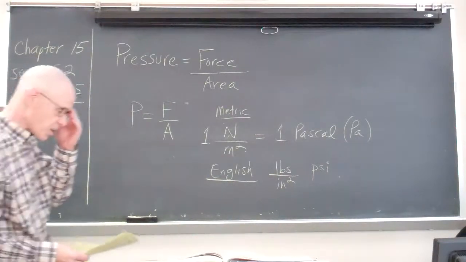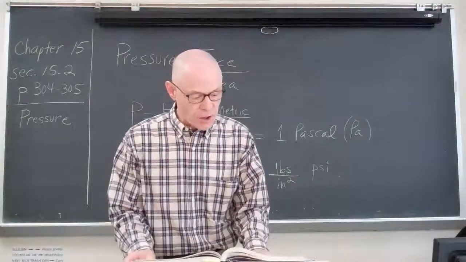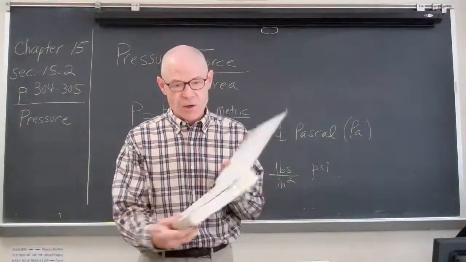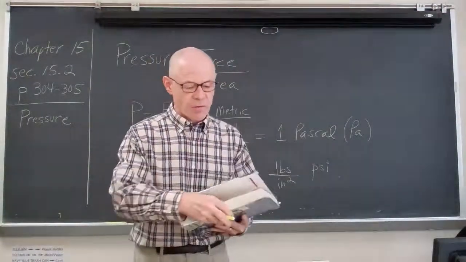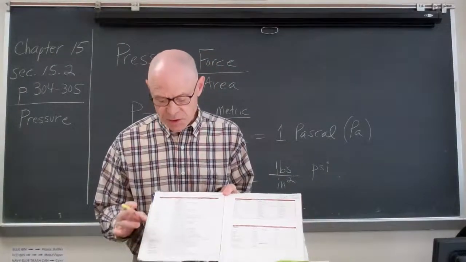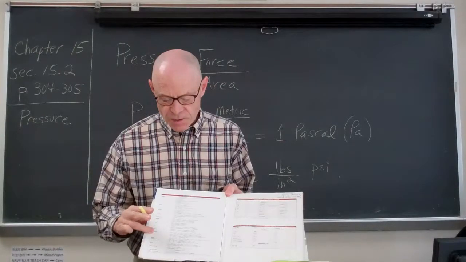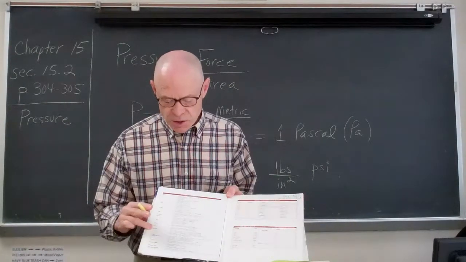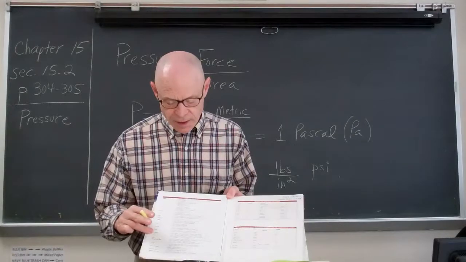Now there is a conversion, if you had to, in your textbook. If you look on the conversion table on the inside cover of the text, there is a section for pressure, and you'll see conversions between newtons per square meter and pounds per square inch.